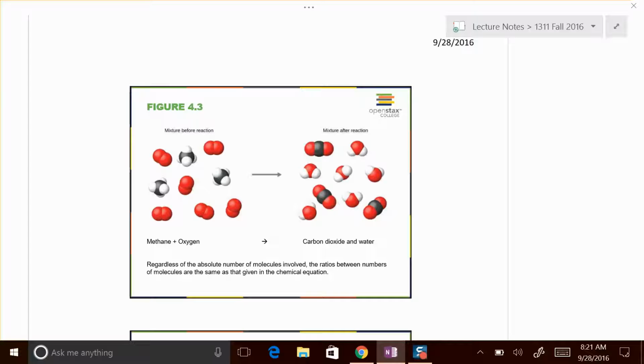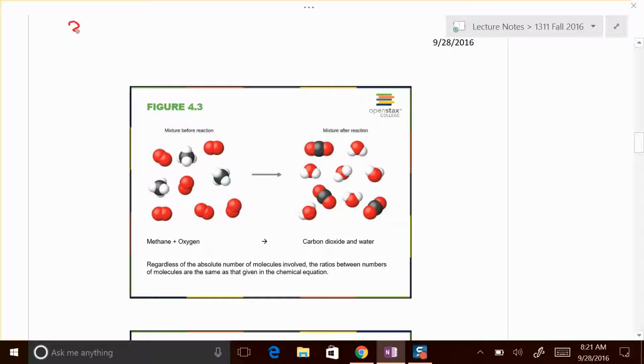And so that's how we're going to look at these chemical reactions. We're going to begin to understand, if I start out with this much, how much should I produce? And it's going to be based on the molar quantities. 3 moles of methane should produce how many moles of water?